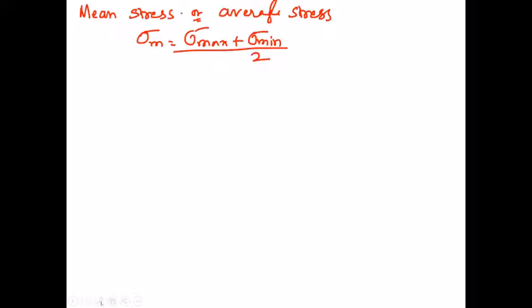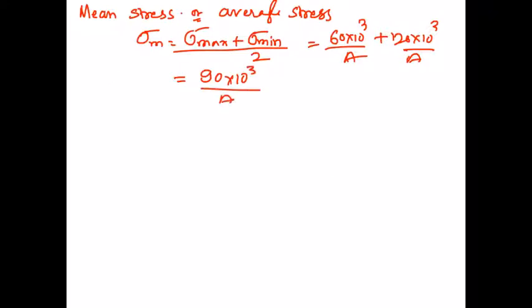Both values are positive: 60 into 10 to the power of 3 plus 120 into 10 to the power of 3, divided by A and by 2. You are going to get 90 into 10 to the power of 3 divided by A. This is sigma m.